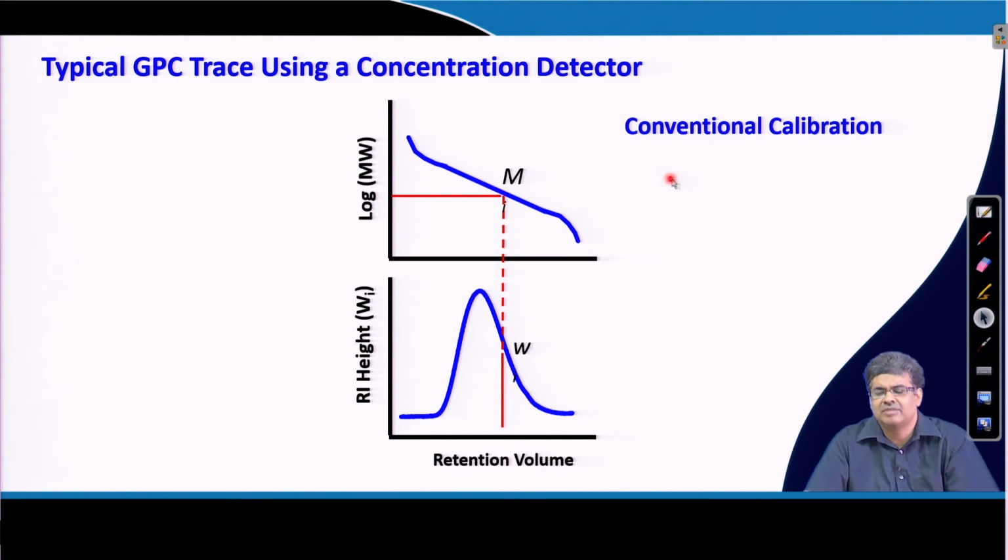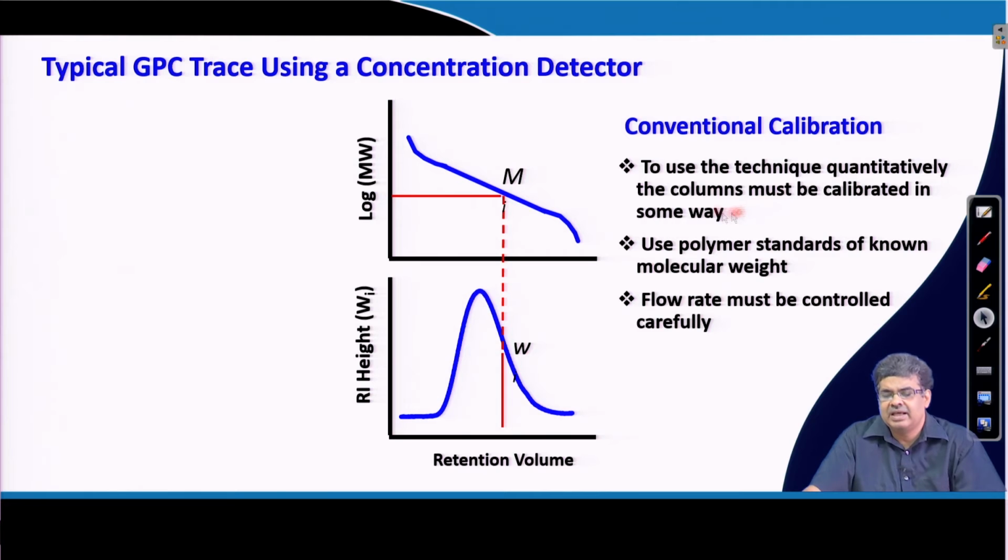So, this is called conventional calibration, and for using this quantitatively the columns must be calibrated, and we use polymer standards of known molecular weights as I described in the last slide, and the flow rate must be controlled carefully.